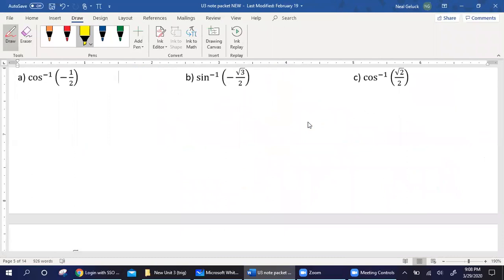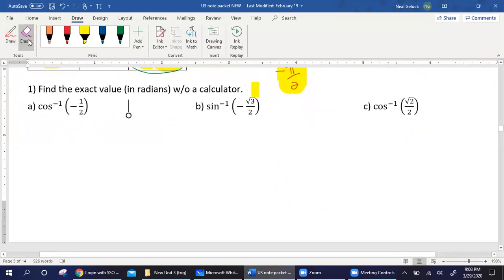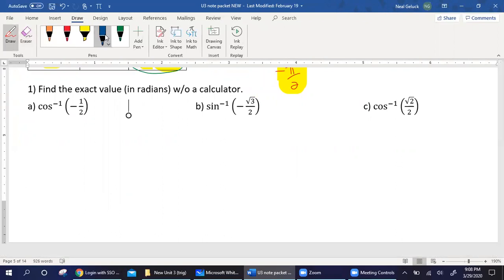So I just have a whole series of problems where we're going to practice this. Before you even look at the number, you first look at what inverse trig you are doing. On 1A, I'm doing inverse cosine.